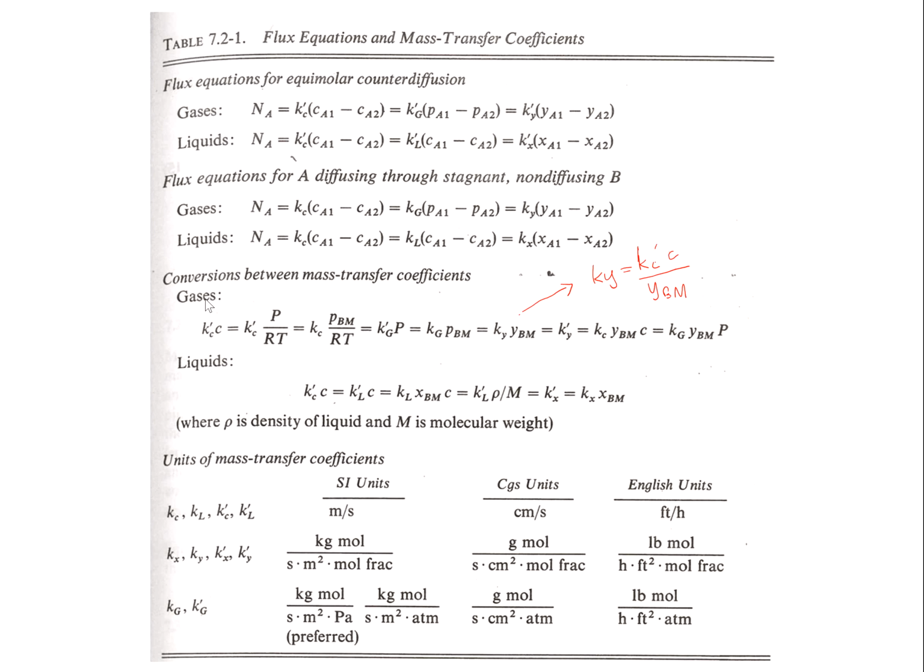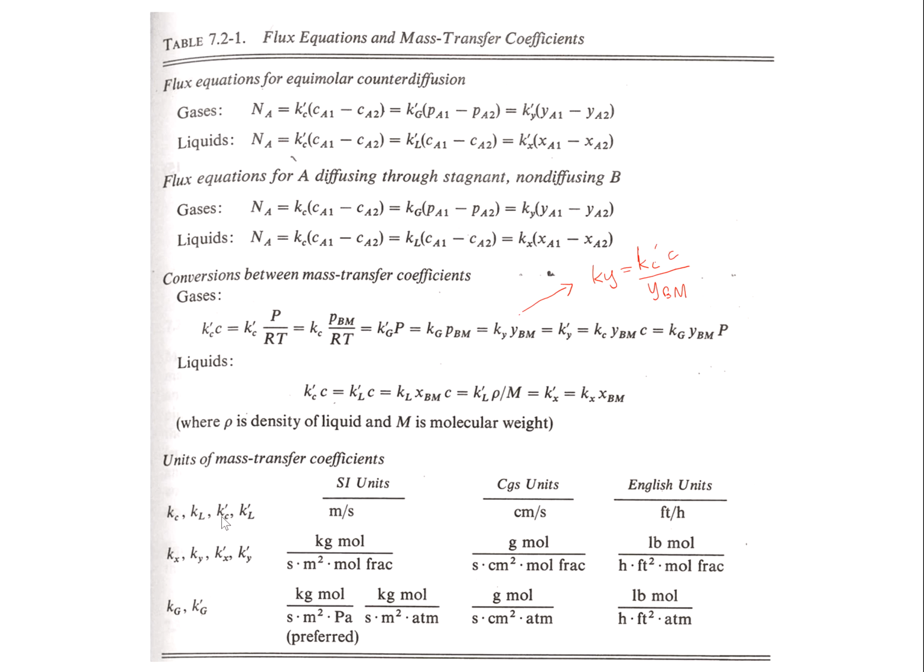Of course, the first row here represents gases. The second row here represents liquids. Another thing that you need to consider is that the unit is not going to be the same for Kc and Kx.